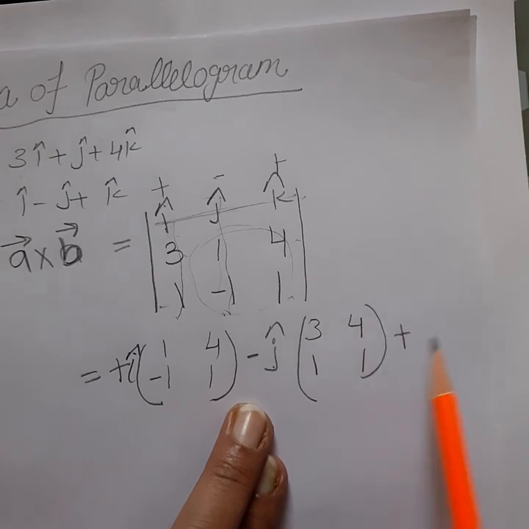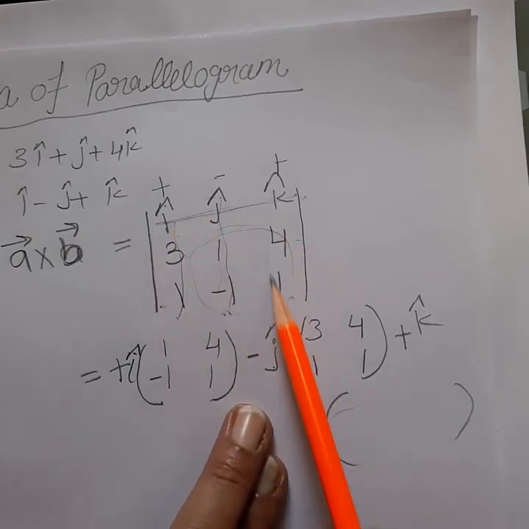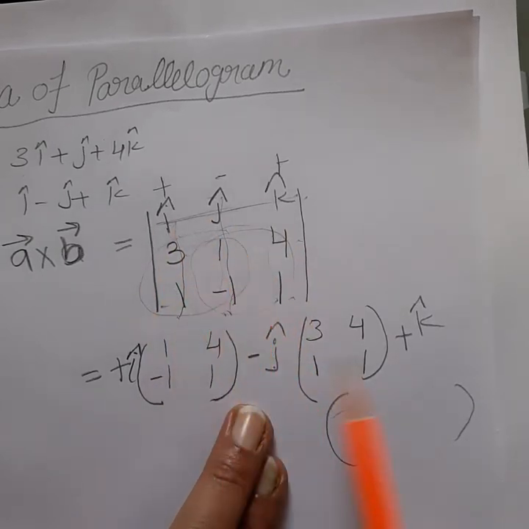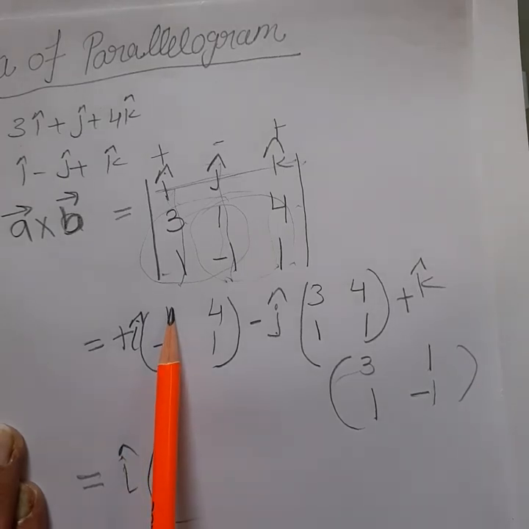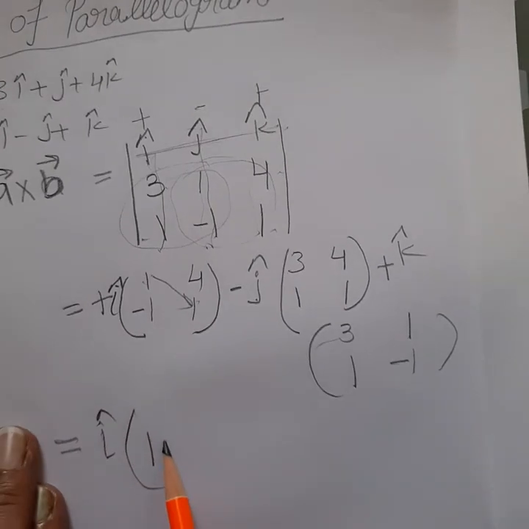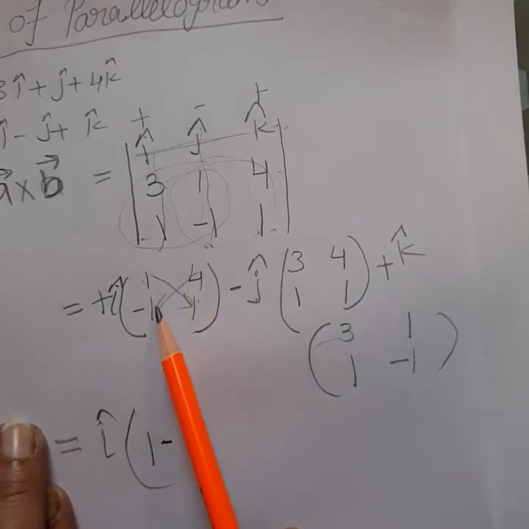After that we write here the component k and leave this row and column again, and you get this type of 2 by 2 determinant, and you write all the elements here. Now when we solve it, first of all you multiply this element by this, like 1 ones are 1, and always we put the sign of minus here, and after that you multiply 4 by -1, and in this way you get -4.